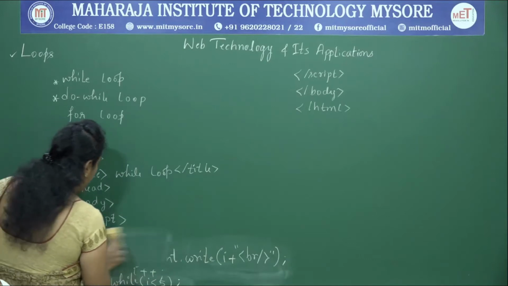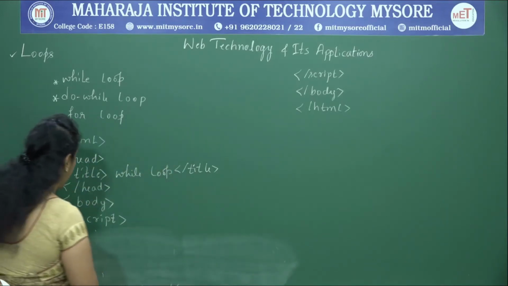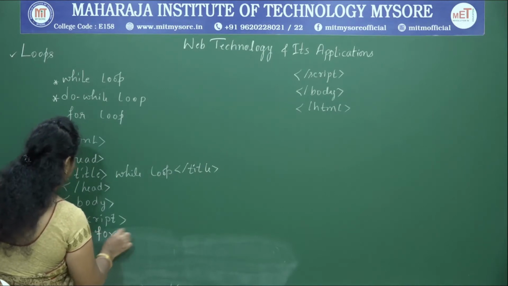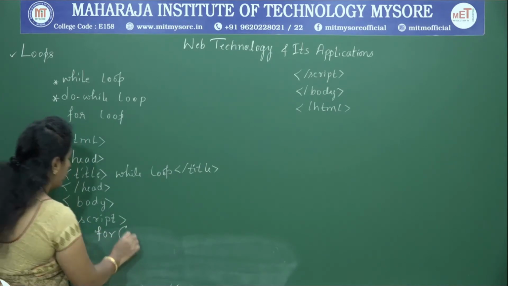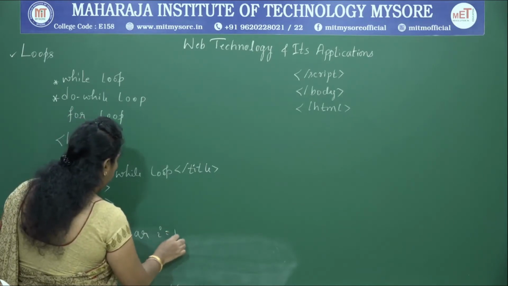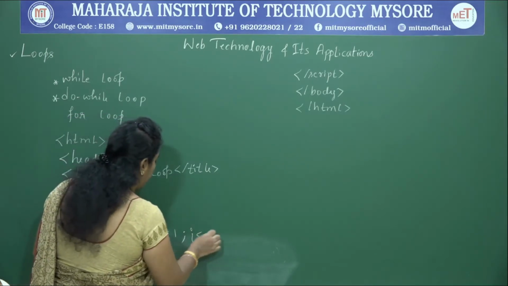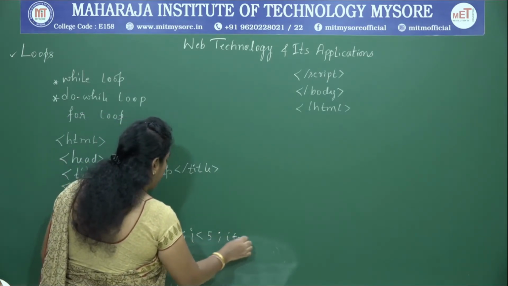In our example, how can we use a for loop? I have not declared the variable, so inside here you can declare i equal to 1, separated by semicolon, i less than 5, i plus plus.